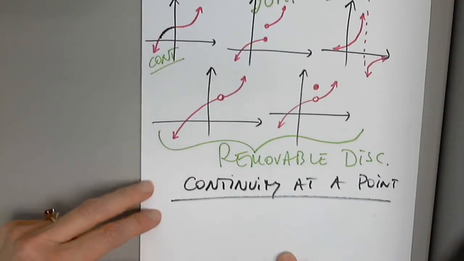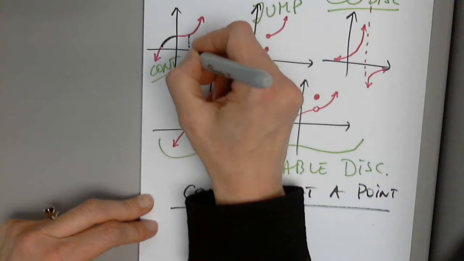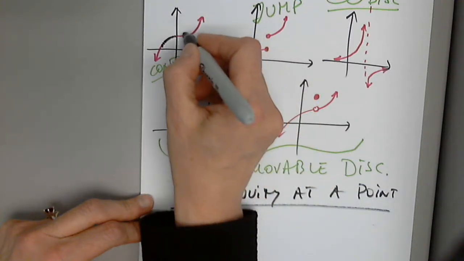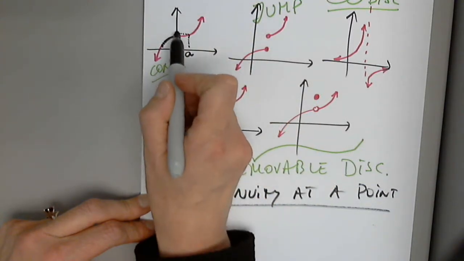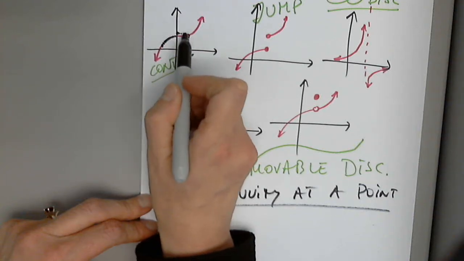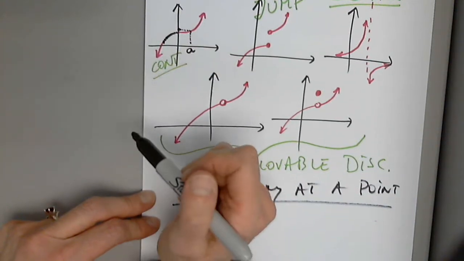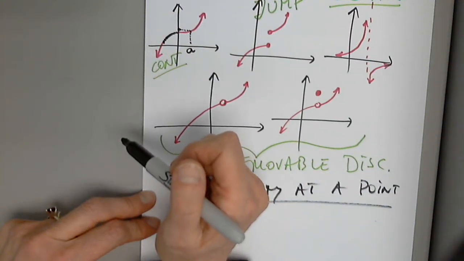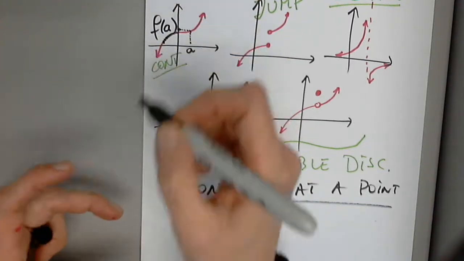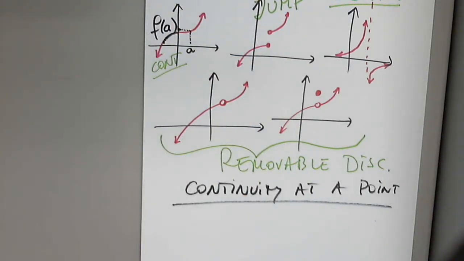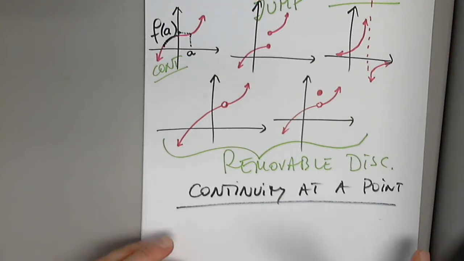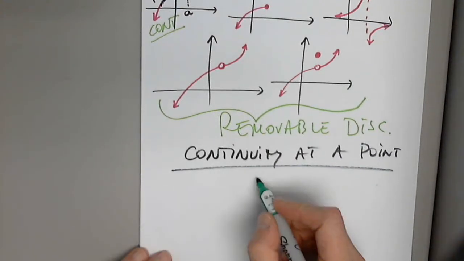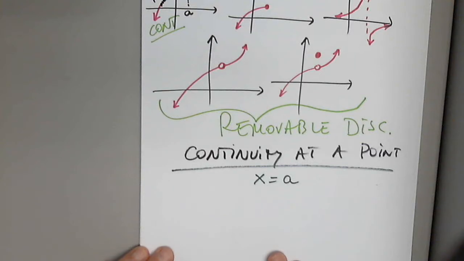I'm going to choose a point. I'm going to say this is a. And what is this? The y-coordinate, of course. We have to remember that for any function, if we have x, the y-coordinate must be f of that x. No question there. Good. So continuity at a point, x equals a.